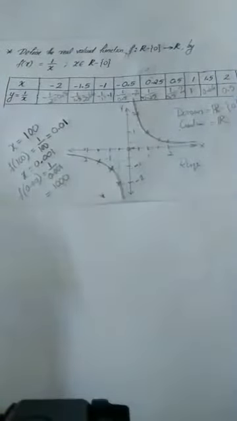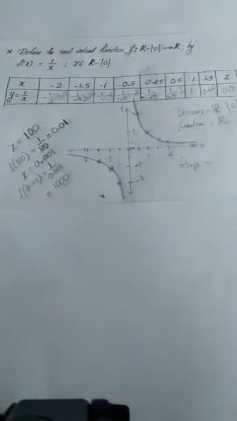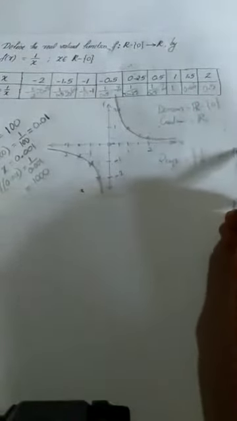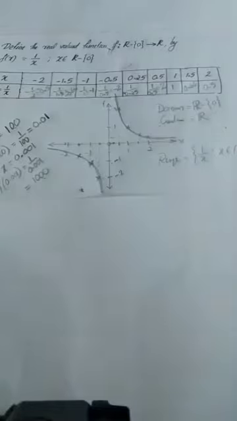Then what's the range? What is the range of 1 by x? Actually, range is equal to 1 by x, where x belongs to the domain, that is x belongs to R minus {0}.